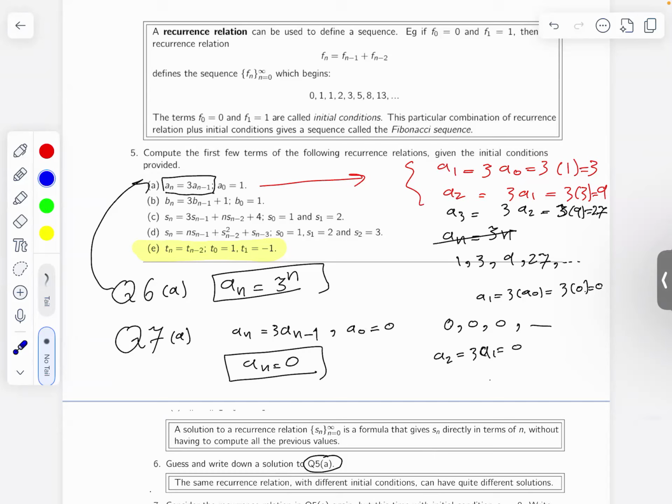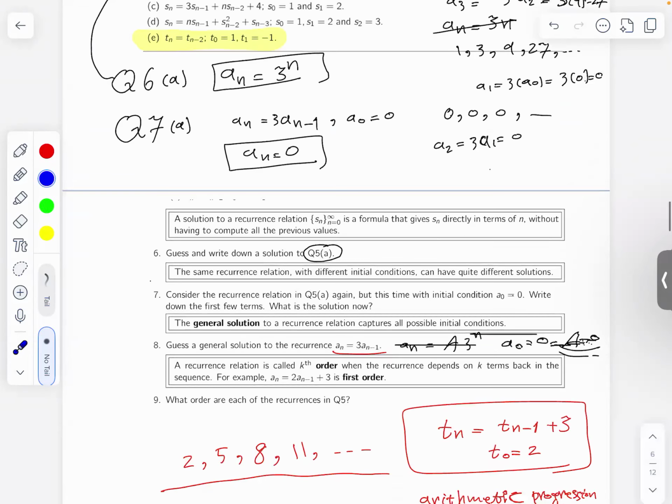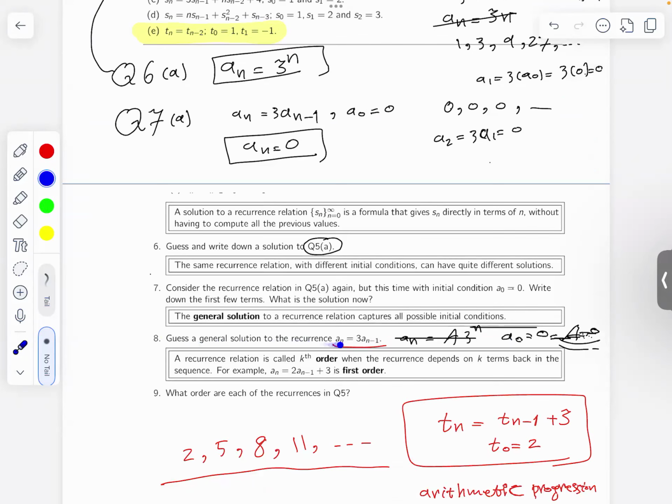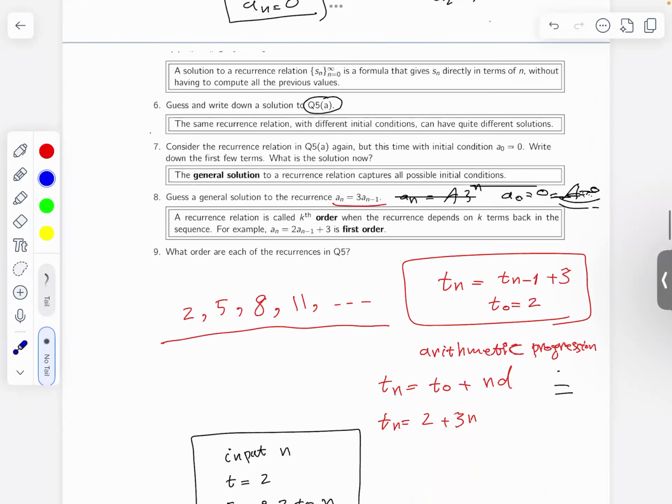But if you don't have an initial condition, then you will have a general solution. The general solution includes not only n, but a constant coefficient. That constant coefficient varies depending on the initial condition. Here you see the general solution for this one.